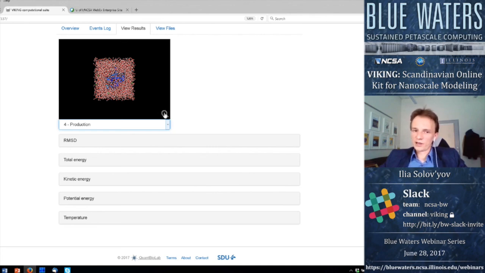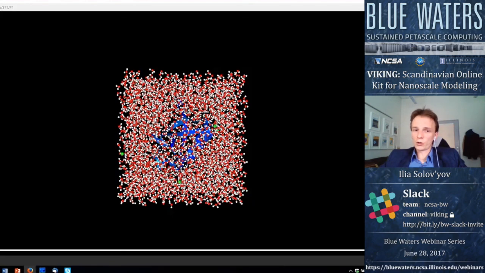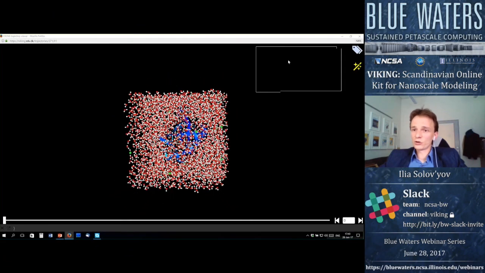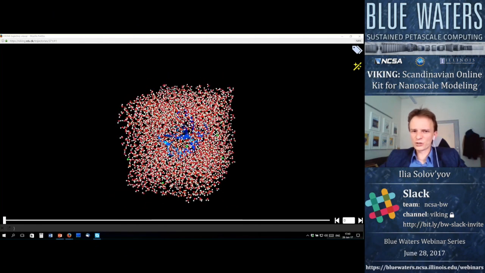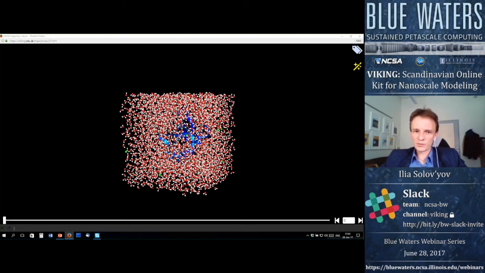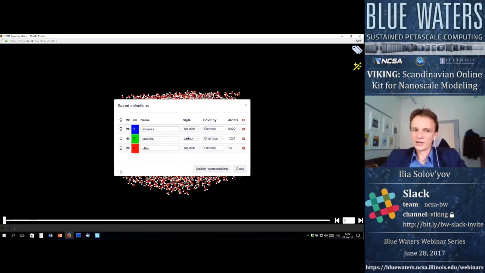Let me click this magnifying glass here, and this will take me to the visualizer of the production run simulation. First of all, since it's not really nicely represented here, because the water molecules make it impossible for us to see this ribbon-shaped protein, I can click this link here, and choose different representations for the parts of my system.